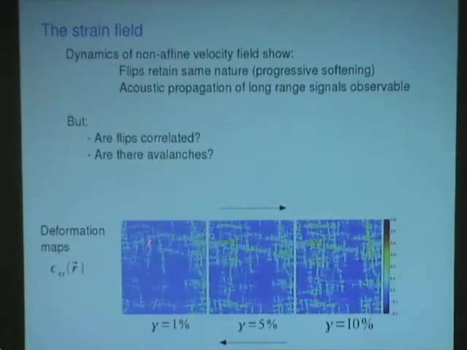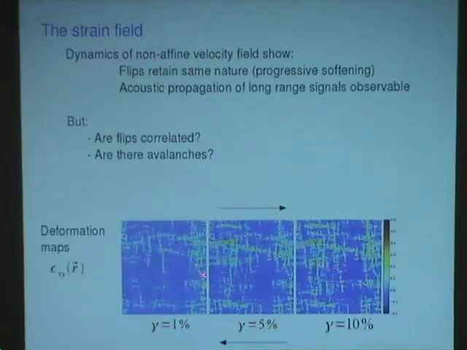In order to characterize the correlation, the problem is that if we just look at the movie I showed, we cannot characterize very well the correlation between these events. Another thing we can do is look at how strain accumulates inside the system. That's the same system I showed you before, and here that's for macroscopic strain of 1, 5, and 10%.